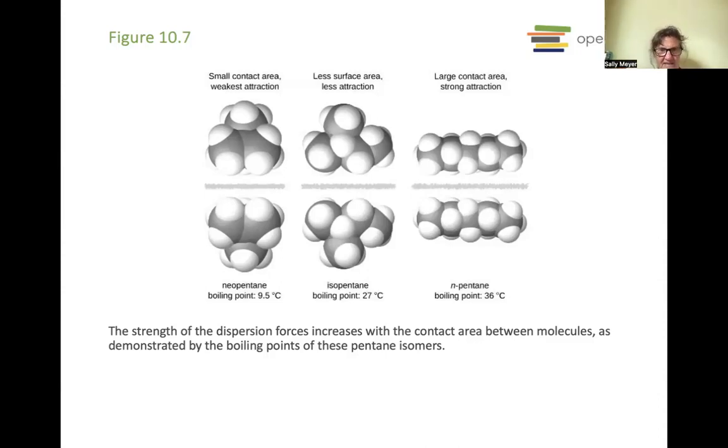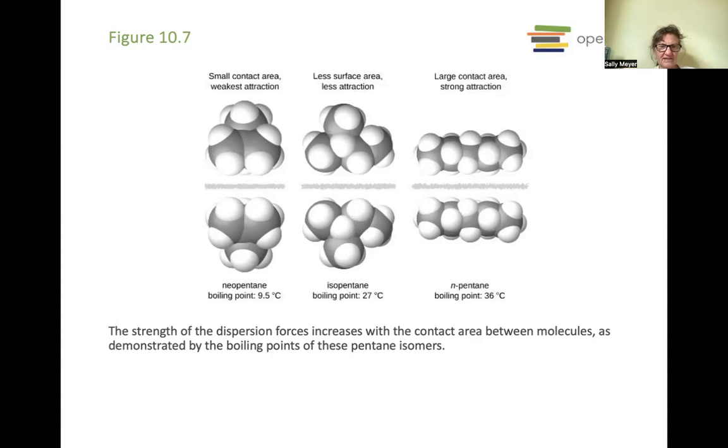So when we look at these, you notice that on the right-hand side, normal pentane has just a single long chain of carbons, with hydrogens in every place you'd need one to give 4 bonds to each carbon. Those two molecules can stack next to each other, and there's a lot of surface area, so there's a lot of area for them to be attracted to each other.